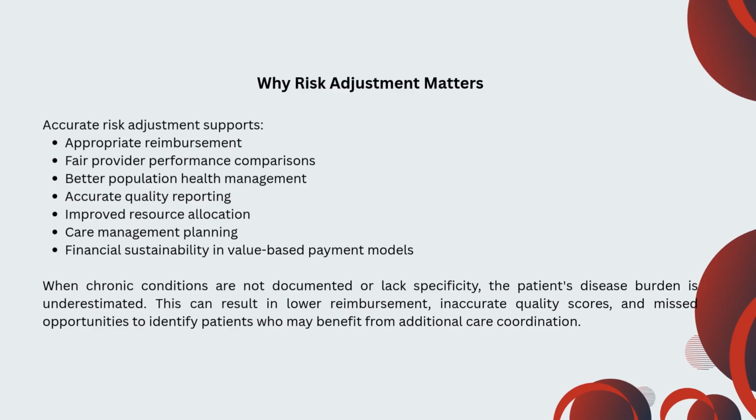When chronic conditions are not documented or lack specificity, the patient's disease burden is underestimated. This can result in lower reimbursement, inaccurate quality scores, and missed opportunities to identify patients who may benefit from additional care coordination.